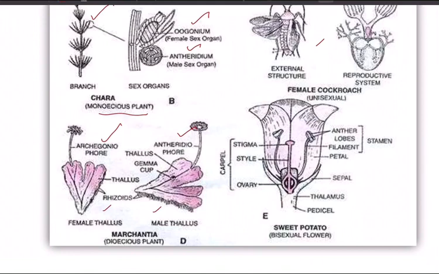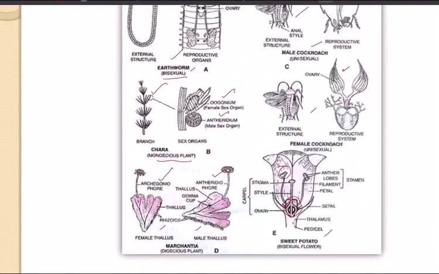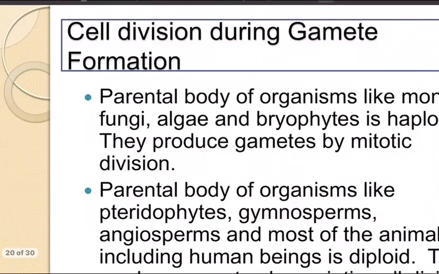And in case of sweet potato, it is a bisexual flower. You can see here the presence of male anther lobes, as well as over here. So both the sexes are present in the same flower. Then we say bisexual flower. So this is how we use different terms to understand the presence of various sex cells or gametes.